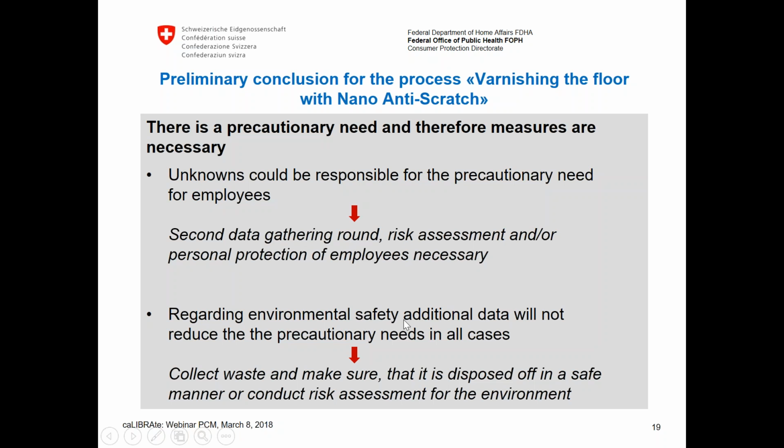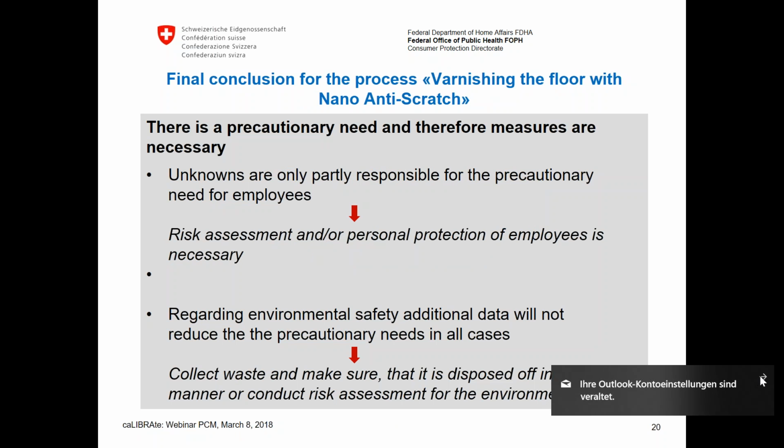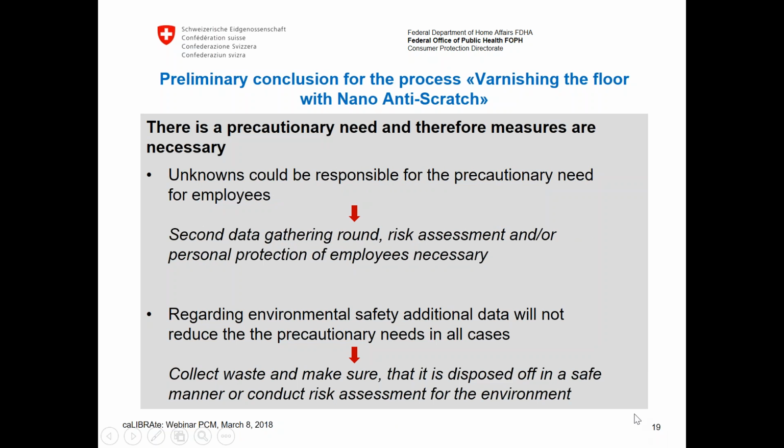Then regarding environmental safety, additional data will not reduce the precautionary needs in all cases. So we will need to collect waste and make sure that it is disposed of in a safe manner, or conduct a risk assessment for the environment.